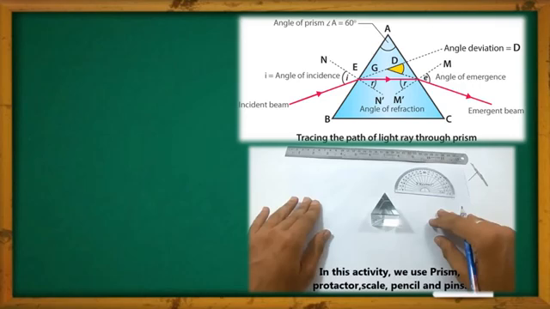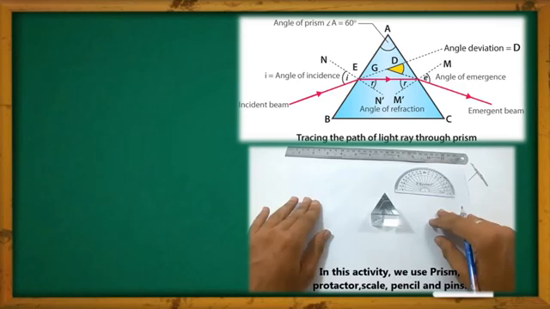The angle between the emergent ray and the normal drawn at that point we call the angle of emergence, denoted by small e. And if I extend both the incident beam and the emergent beam, wherever they intersect, an angle will be created. As you can see in the diagram, that is yellow in color, that is angle D, called the angle of deviation, and that can also be determined practically, which we will see now.